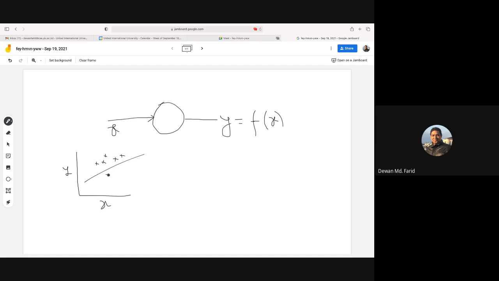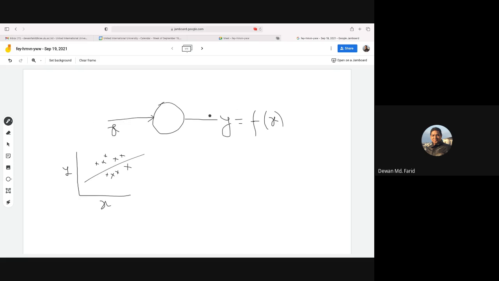We have to draw a line which can predict the value of y for any given value of x. Is it clear? Yes, sir. Right? Okay. So for any value of x, we'll predict the value of y.